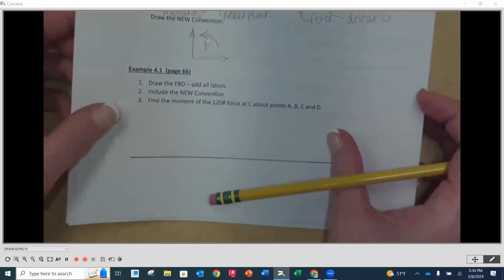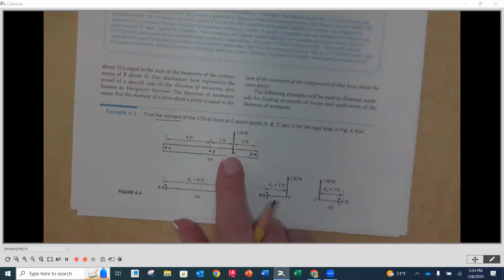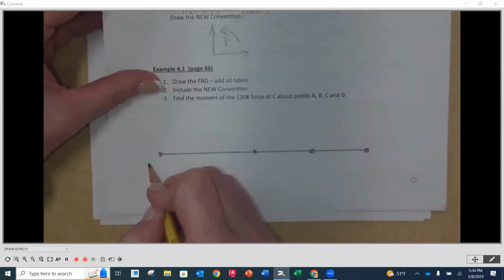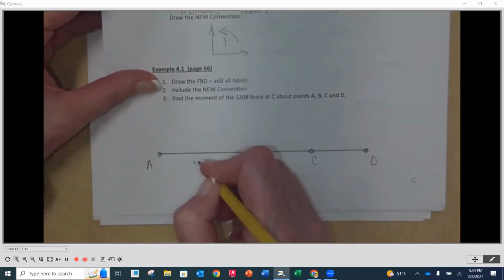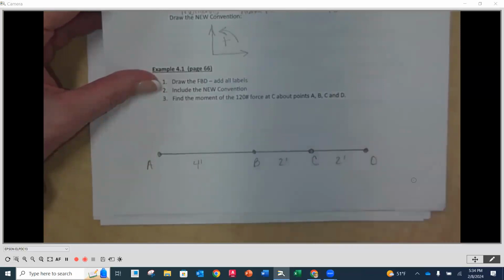Now I want to duplicate what I have there. So I've got A, then 4 feet to B, then 2 to C, then 2 to D. So here's my A, here's my B, and then my C and my D. Between A and B is 4 feet, between B and C is 2 feet, and then 2 feet.